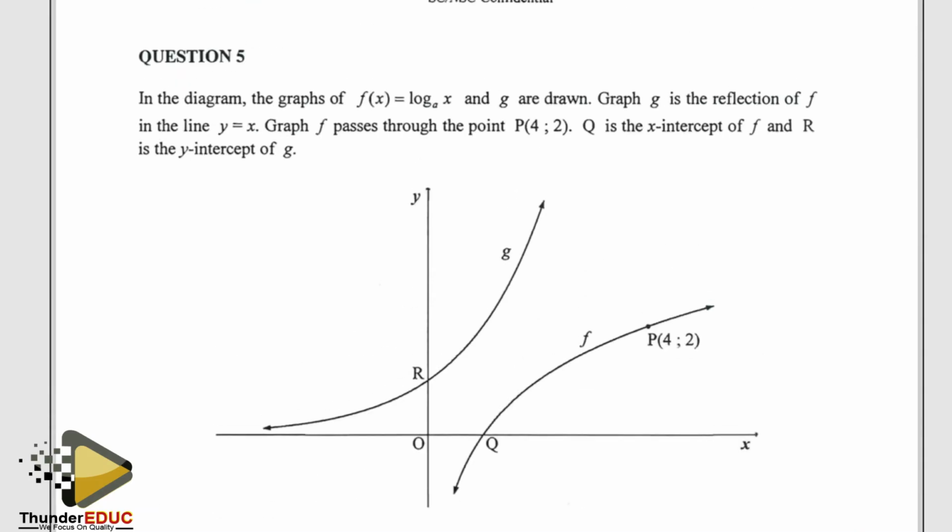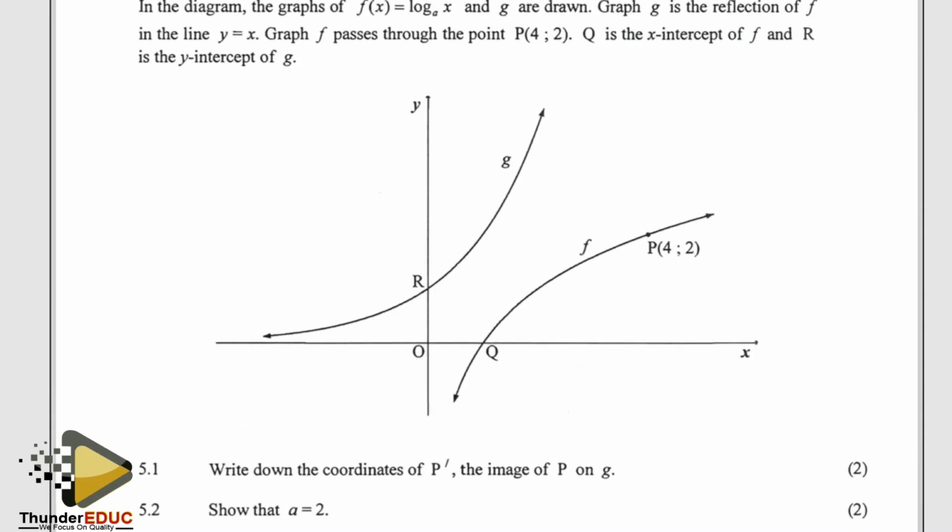Question number 5. In the diagram below, the graphs of f, which is the log function, most cases that we call the inverse in some cases. In this case, it's different. No?